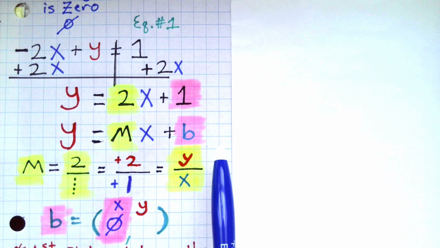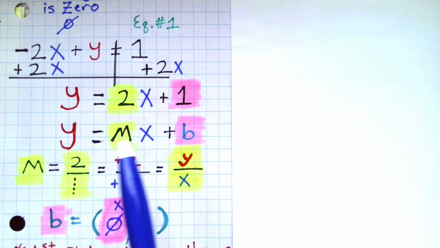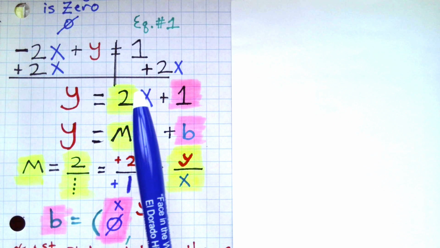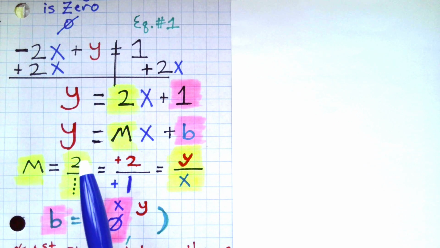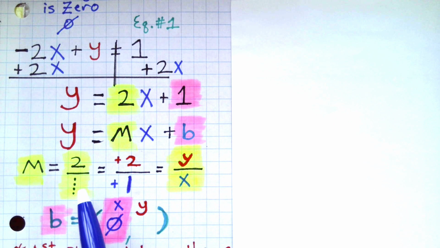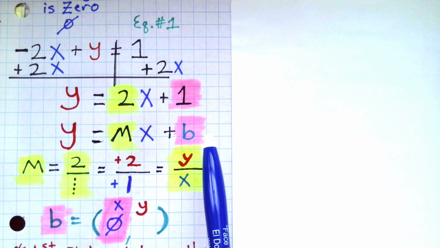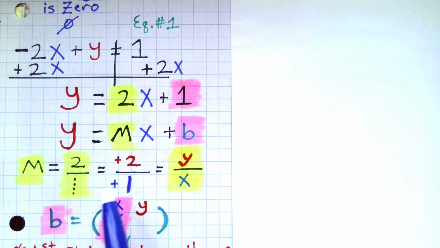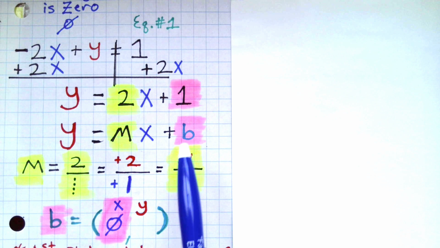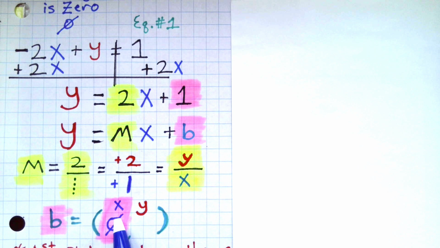So that basically explains slope-intercept form. Again, slope is m, 2 over 1. It's always a fraction, even with that invisible 1. Your b value is going to be your y-intercept. And remember, for the b value, x is always 0.